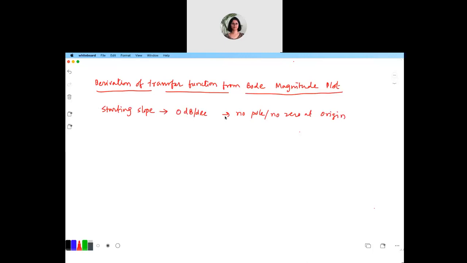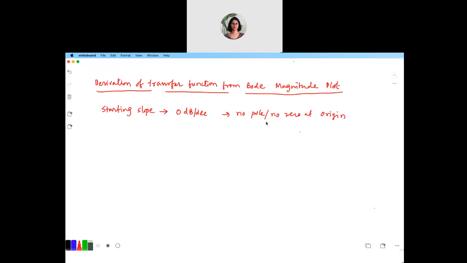So the only thing that decides the starting slope is whether there are any pole or zero at origin.